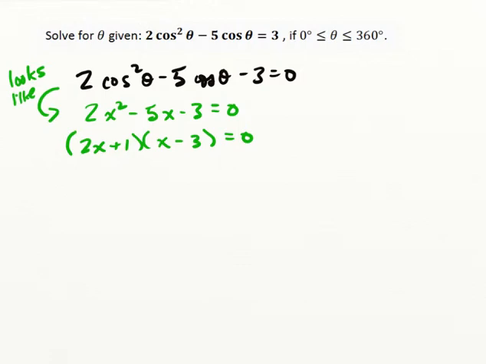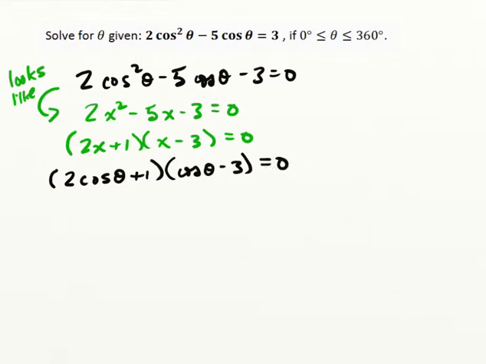Once we've done that factoring, we can replace these x's back with cosine theta. So that leaves me with 2 cosine theta plus 1 and then cosine theta minus 3 equals 0.